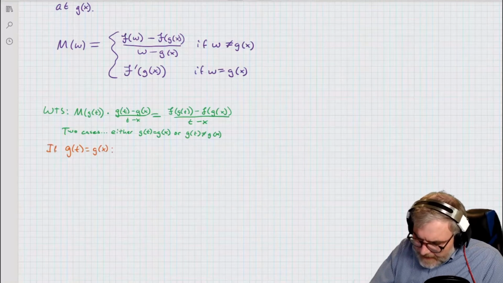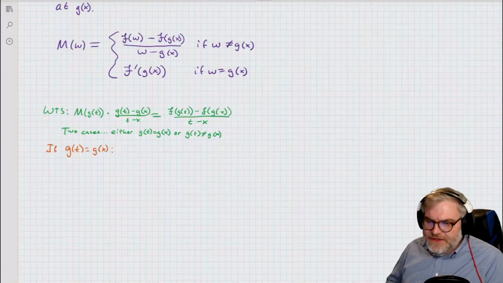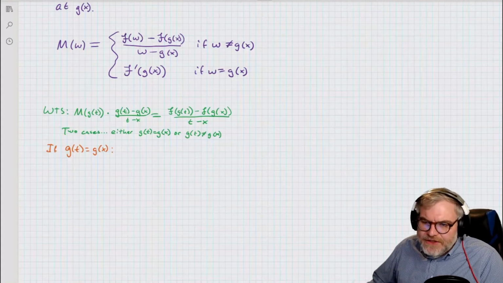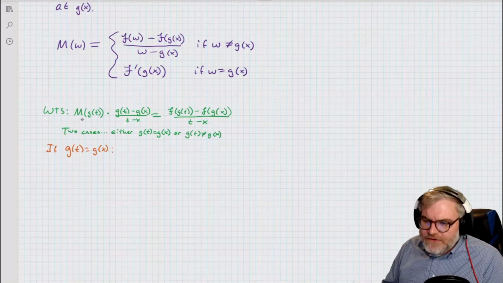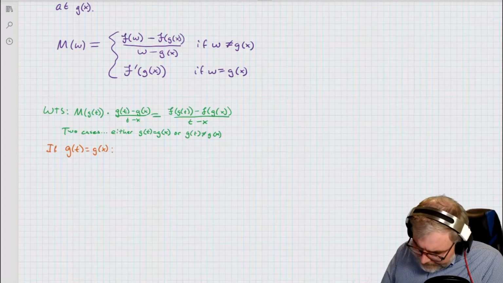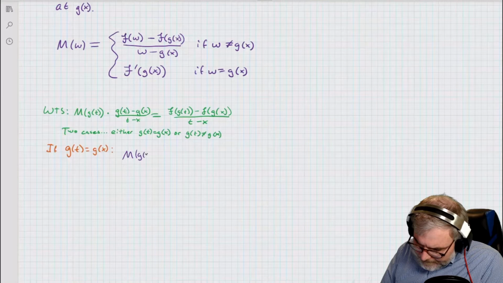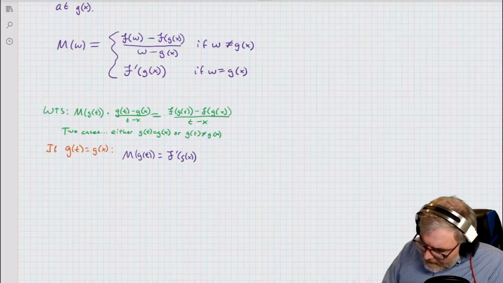Now, if that happens, I'm going to use the second part of the definition, because I'm subbing in m of g of t, right? So w equals g of t.